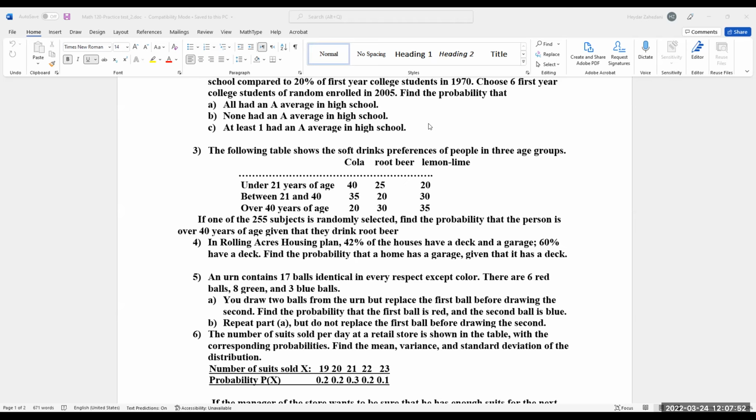When you want to take care of this problem, what you have to do is find the probability that a person is over 40, given that. So it's conditional probability. This part, which is the given, we are going to call it A, the given event. And the other part would be B. So this is the way we're going to organize it, and then the formula is going to be very easy to handle.